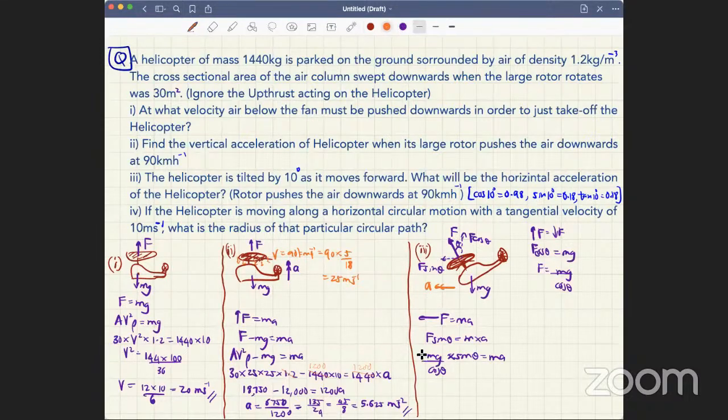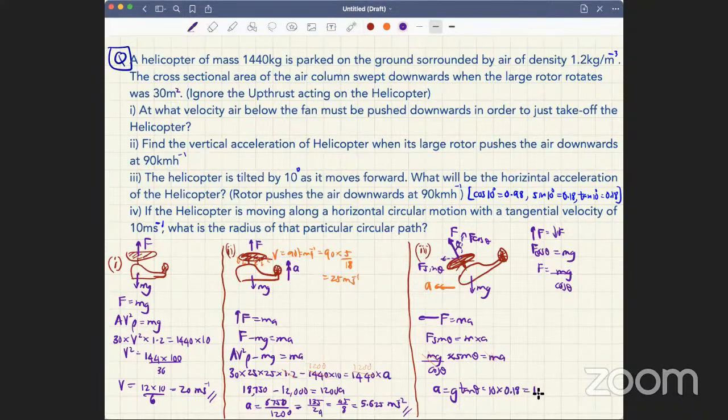And I think m and m will get cancelled out. So for a, I'm getting g tan theta. Did anyone get g tan theta for a? Should be g tan theta, right? Yes. Then g is 10. Tan theta I have given, tan 10 is 0.18.